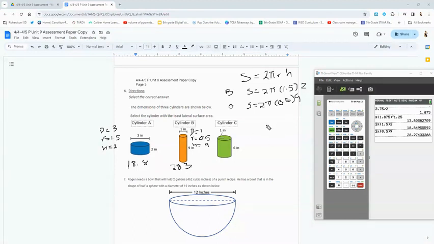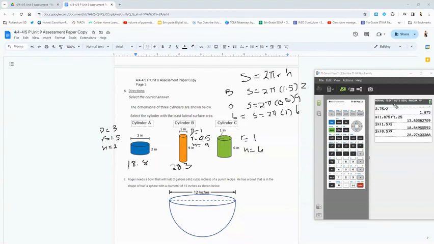Now this one I already have my radius. So my radius is 1 and my height is 6. So there's nothing else I need to get. And then this is going to be green. I'm going to put G for green. I'm going to do S equals 2 pi, parentheses 1, and then we have our height, which is 6.